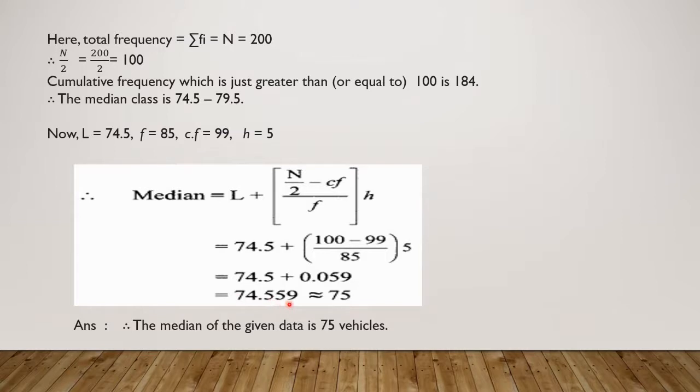But the number of vehicles cannot be a fraction. Therefore, the answer is 75. Therefore, the median of the given data is 75 vehicles.